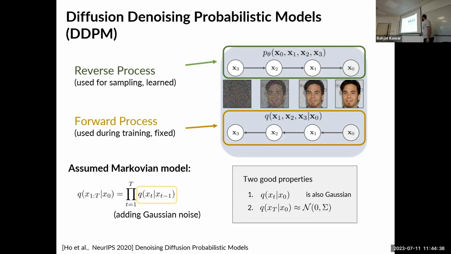And the other good property is that once you add more and more noise, once you add too much noise, the distribution is just not going to resemble x0 at all. So the final xt, the capital T, is just going to be Gaussian. And that's what you see here on the far right. It's just a Gaussian image.